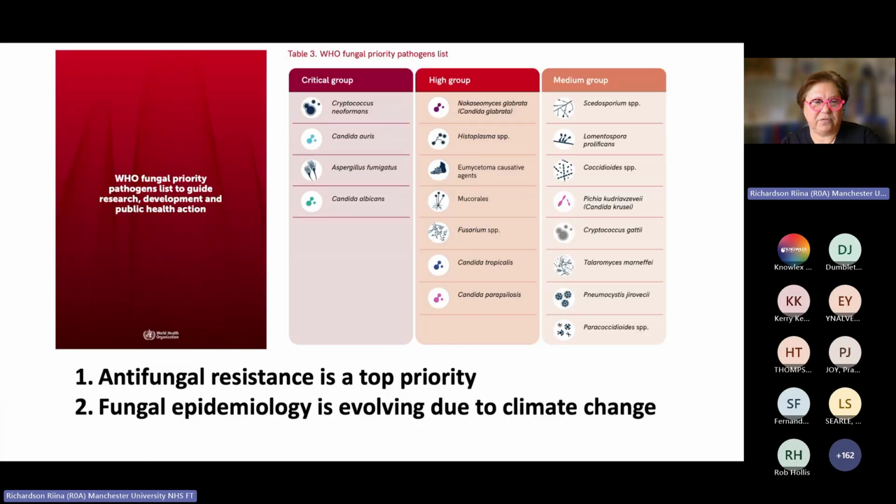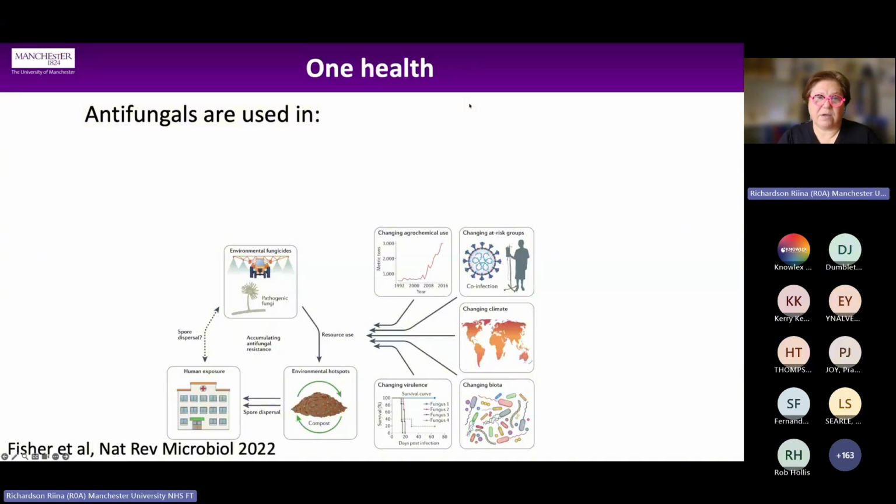Just a reminder of the WHO fungal priority pathogens list and the concern about the critical group. We know all these groups, they've been mentioned, but I think the key is that WHO flags up antifungal resistance as a top priority, and that we have to be aware of the epidemiology potentially changing because of climate change. So I have to use this opportunity to mention One Health.